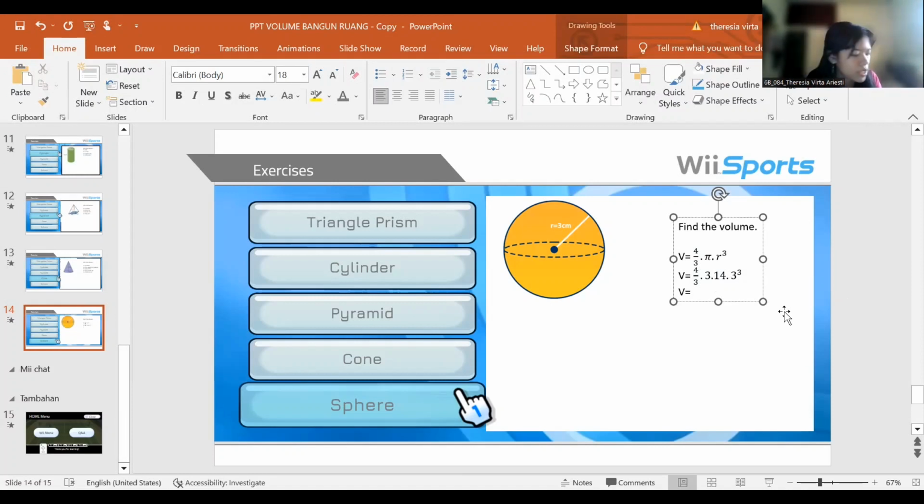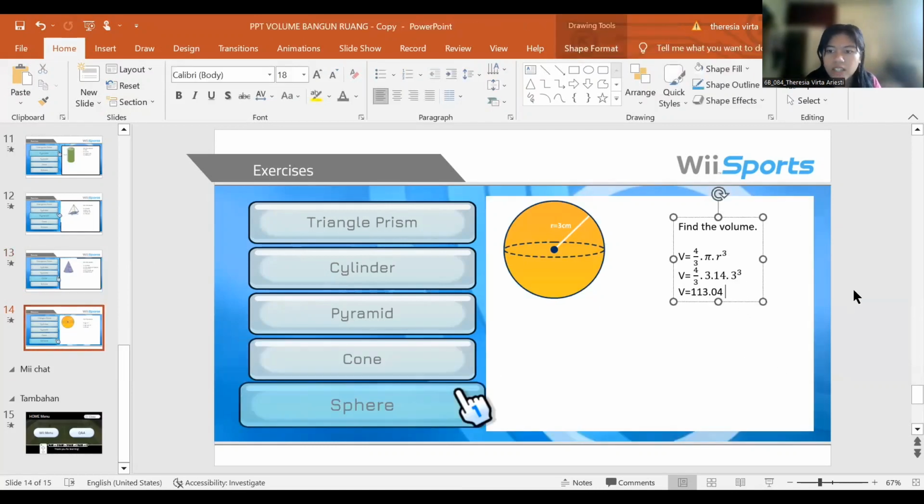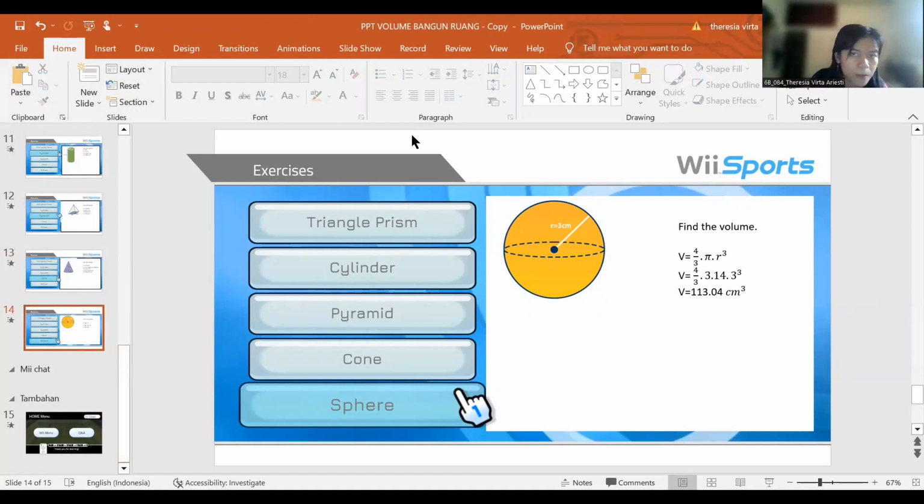So we got the answer is 113.04 centimeters cubic. That's the answer. Okay.